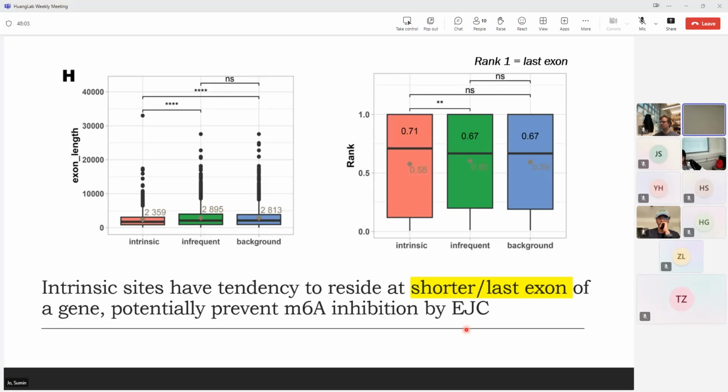The M6A methylation inhibition by EJC is therefore prevented, so the M6A can be methylated, or is less suppressed by EJC, than at the infrequent or background sites, I believe.